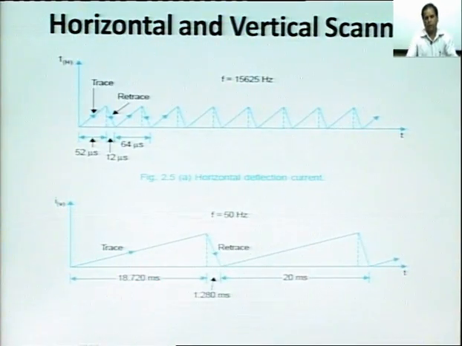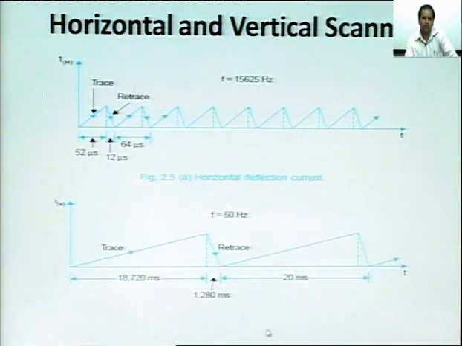Here I have shown both these sawtooth waves. This is the sawtooth wave of the horizontal sweep oscillator, and this is for the vertical sweep oscillator. As is evident from here, when the current is rising in the vertical sweep oscillator, it is rising and falling in the horizontal sweep oscillator, and when it is falling in the vertical sweep oscillator, then also it is rising and falling, irrespective of the direction of current in the vertical sweep oscillator.